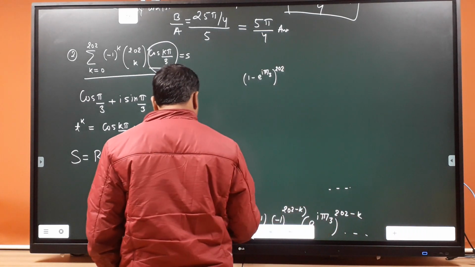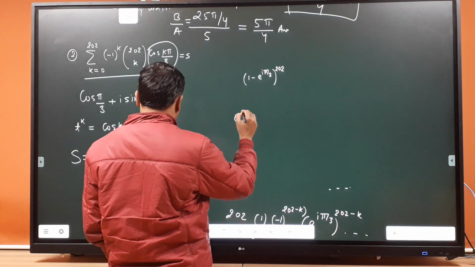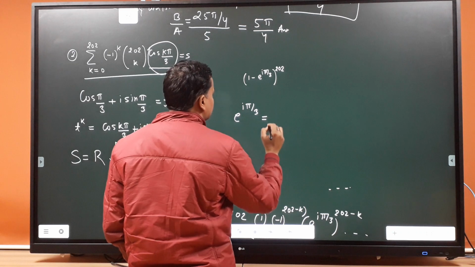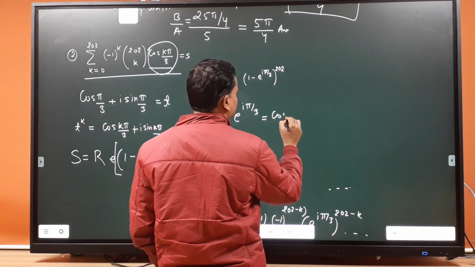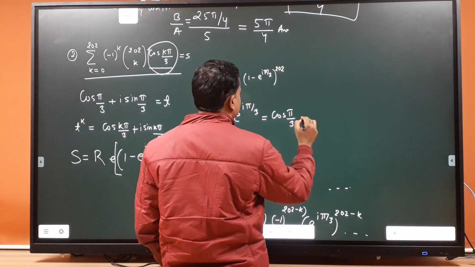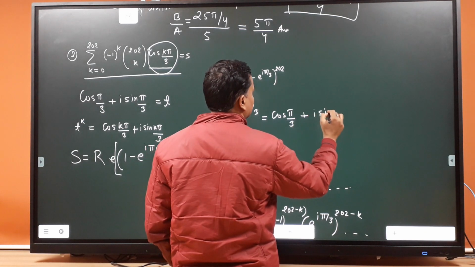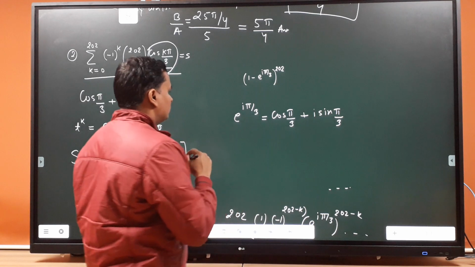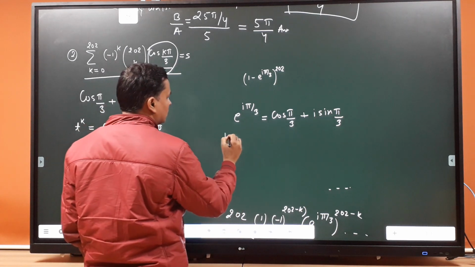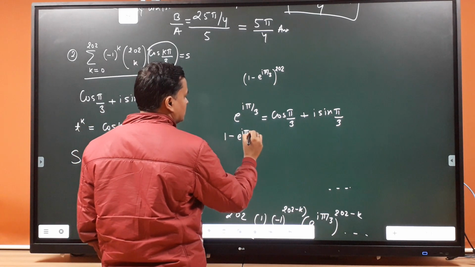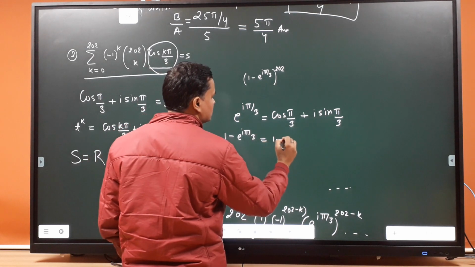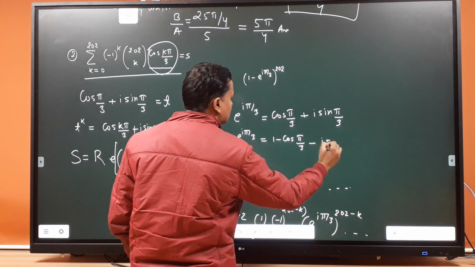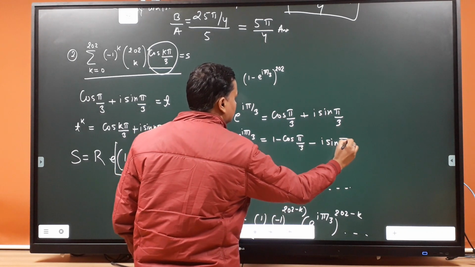So, e to the power i pi by 3 can be written as cos pi by 3 plus i sin pi by 3. Now, 1 minus e to the power i pi by 3 can be written as 1 minus cos pi by 3 minus i sin pi by 3.